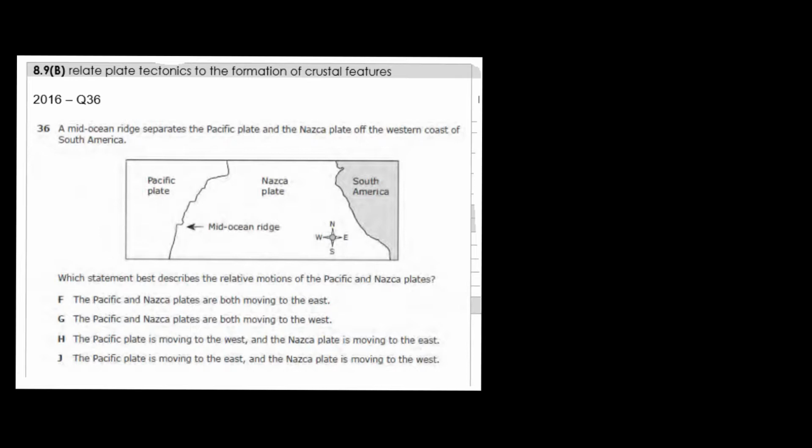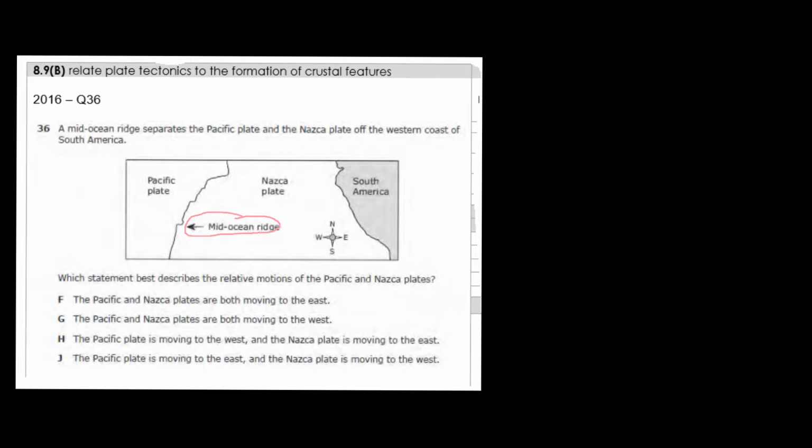So what we need to understand is, looking at this picture, we have the mid-ocean ridge. Notice that the mid-ocean ridge is right here. Based on what we know about boundaries, we have convergent boundaries, divergent boundaries, and transform boundaries.